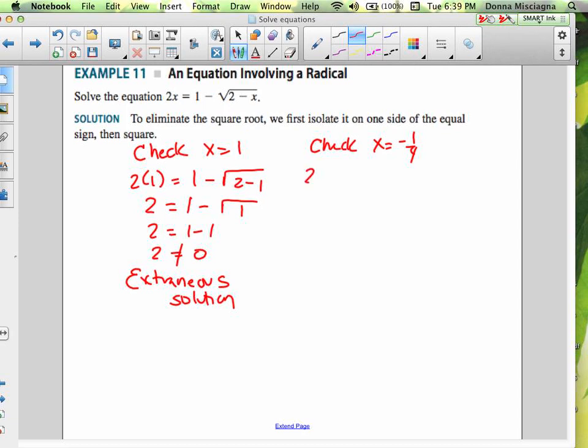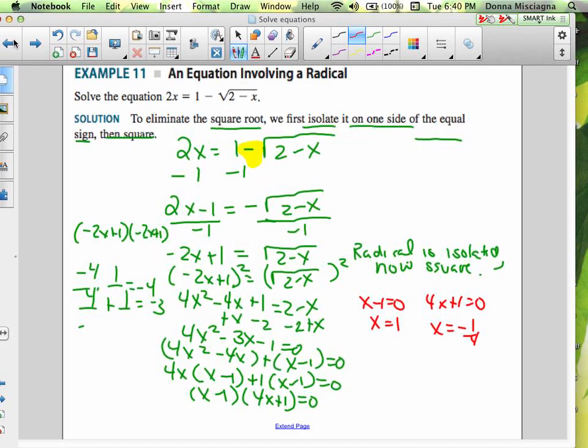All right, let's check the x equals -1/4. So that's going to be 2 times -1/4 equals 1 minus the square root of 2 minus -1/4. I wonder if we're going to have any solutions. Just double checking. Let me just double check and make sure there were no sign errors or anything like that when I wrote it down.